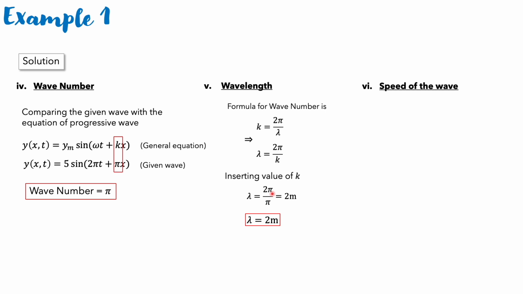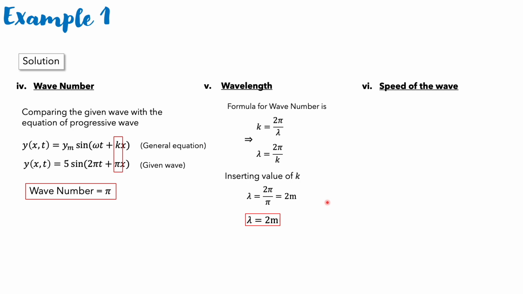Pi cancels out pi, and we get lambda is equal to 2 meters. Because the distance was given in meters and lambda is also distance, the units must be meters.